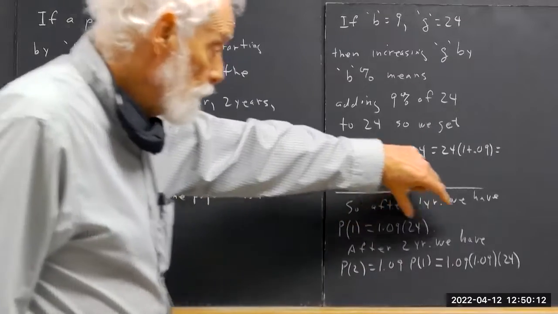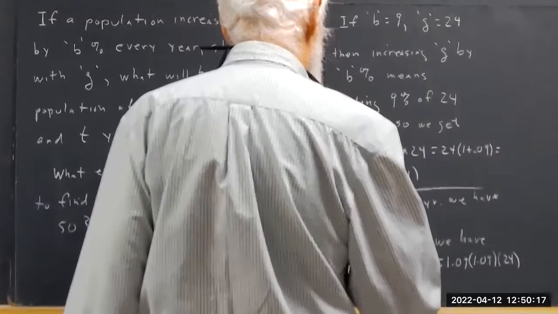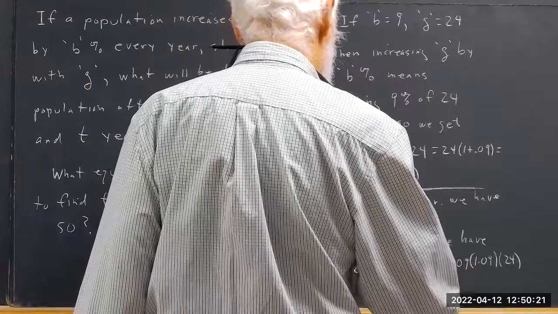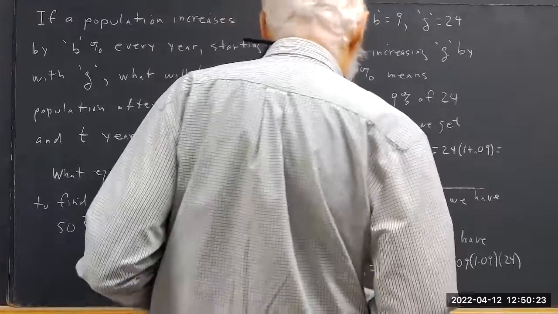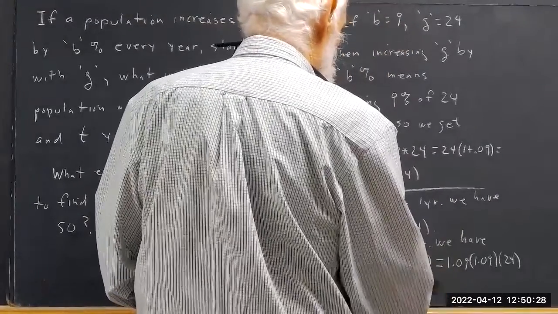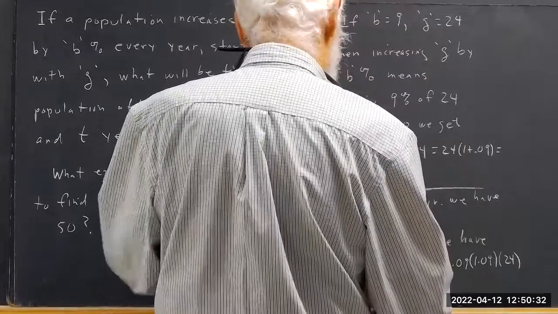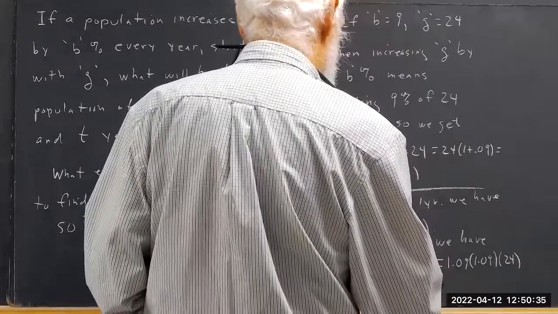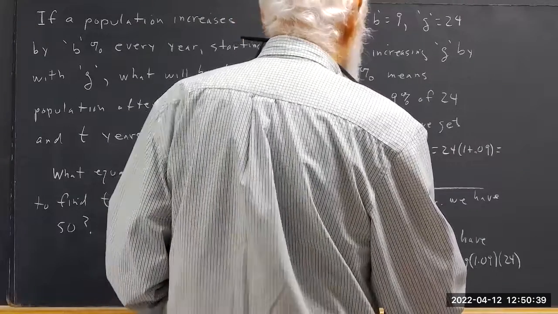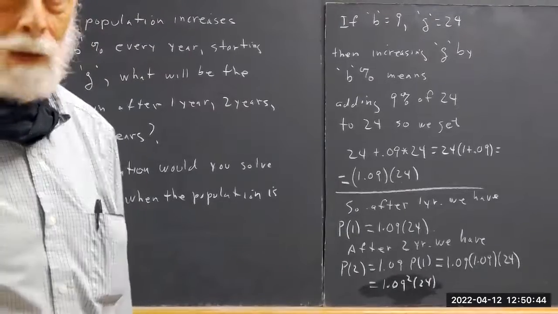P of 1 is 1.09 times 24, multiply that by 1.09. So now we have 1.09 squared times 24.